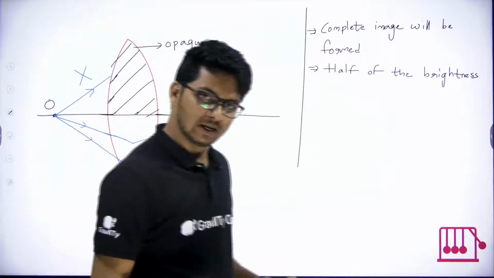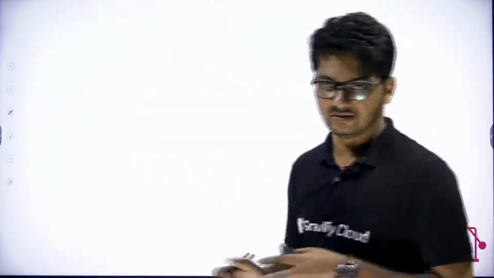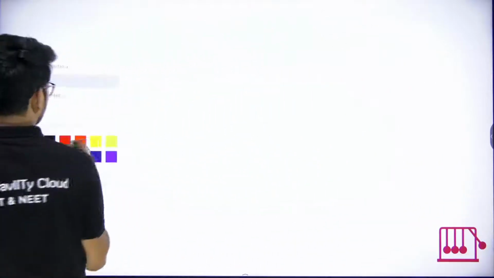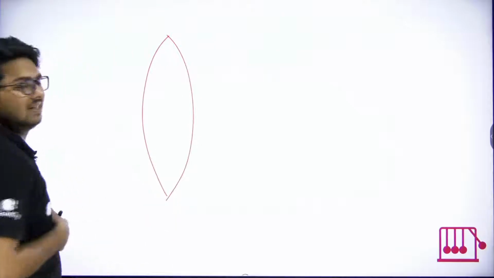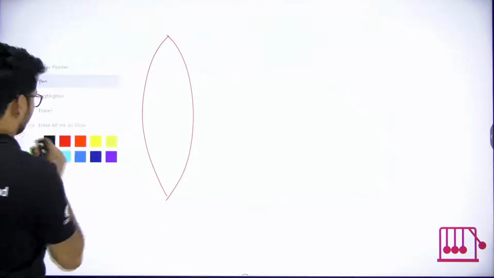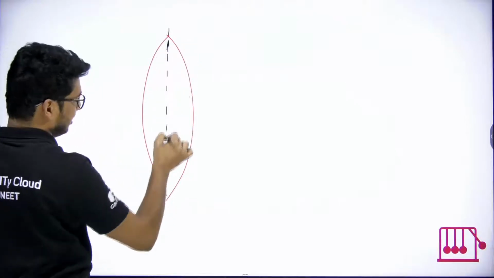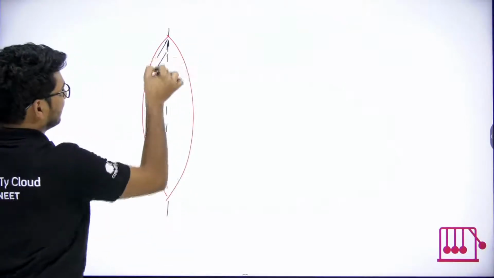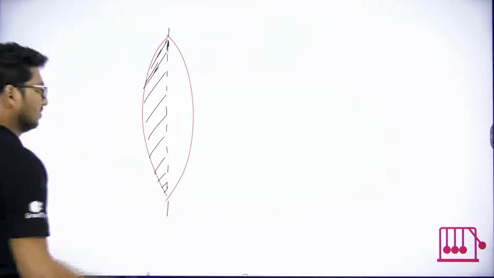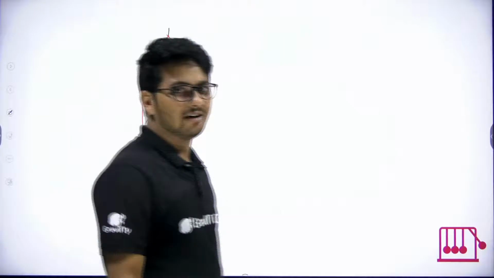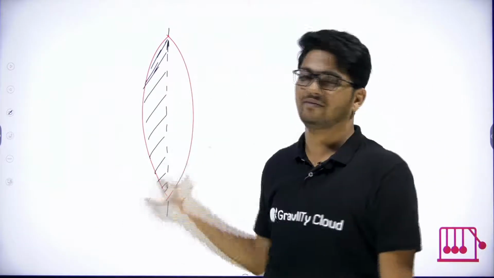Understood? Simple? Yes. Now there is another way of covering the lens. Mostly it would be the previous case, but there is another way. Let's say this is a convex lens. Now if I am saying one half, it could be the upper half or the bottom half, or the left half or the right half.